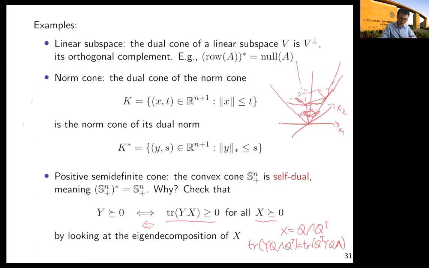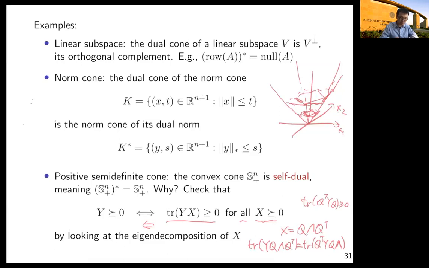or we can simply take this lambda to be strictly positive, and then saying that this is larger than 0 is equivalent to saying that the trace of q transpose y q is larger than 0. Okay, but we can also choose q arbitrarily, since this is for all x larger than 0. We can choose q to be an arbitrary orthogonal transformation.